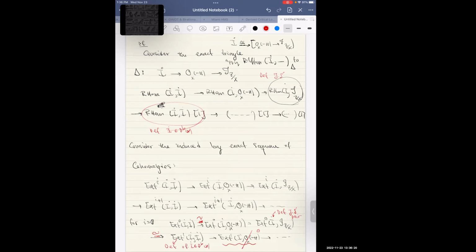But why is this true? So Ext^0(I dot, I dot), this is just Hom, and this is just C actually. I dot is a stable pair and this is just C. In terms of Ext^0(I dot, O minus H), if you want to show that that's also equal to C, one other thing you can do is the following.